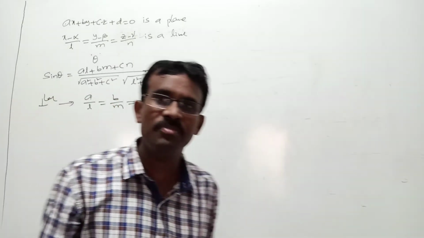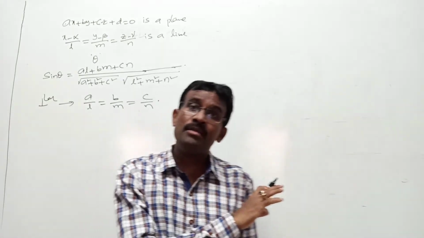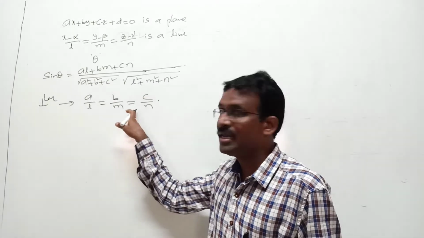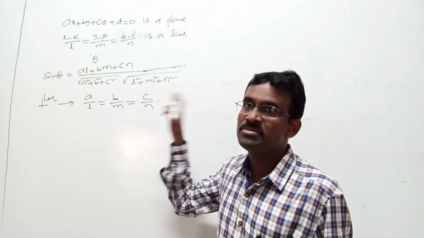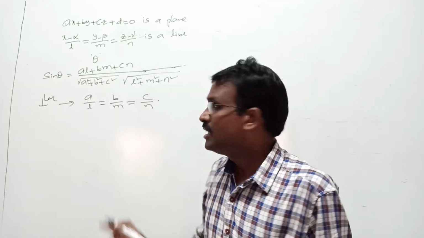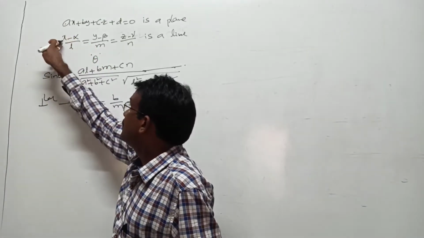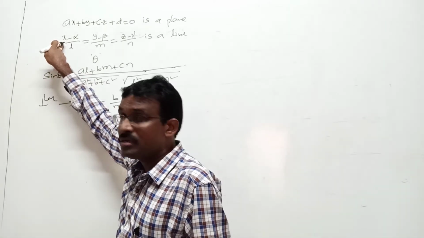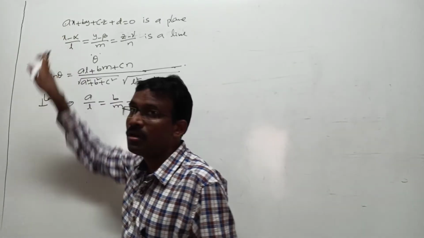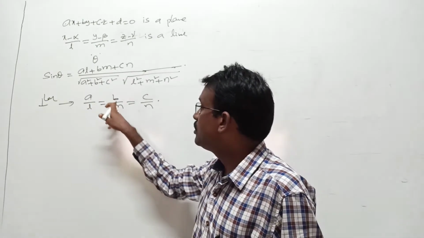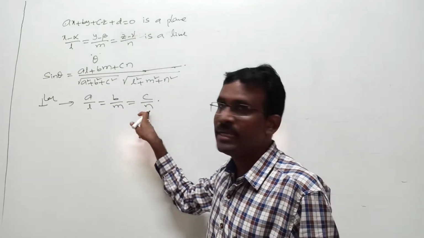Similar to the previous condition, but in the previous line angle relation the perpendicular condition here becomes the parallel condition, and their parallel condition becomes the perpendicular condition. Just remember like that. If this plane and this line are perpendicular to each other, then a by l is equal to b by m is equal to c by n.